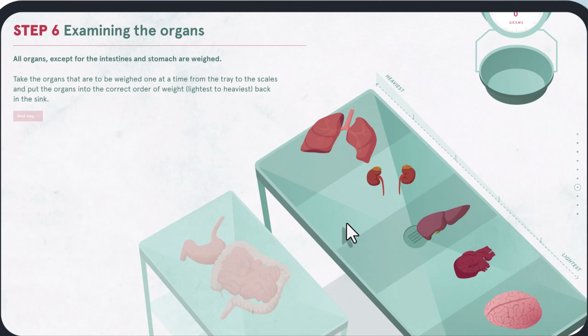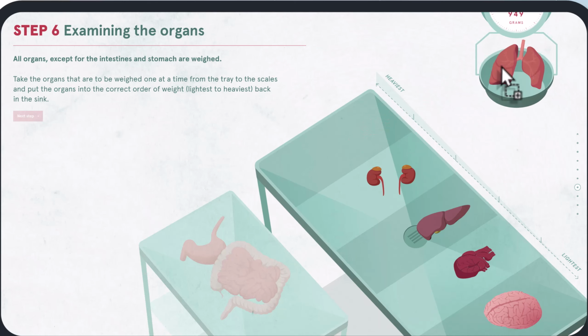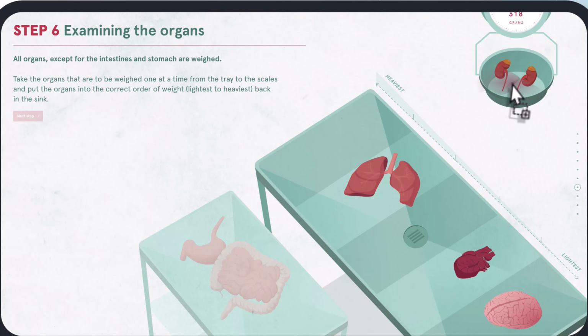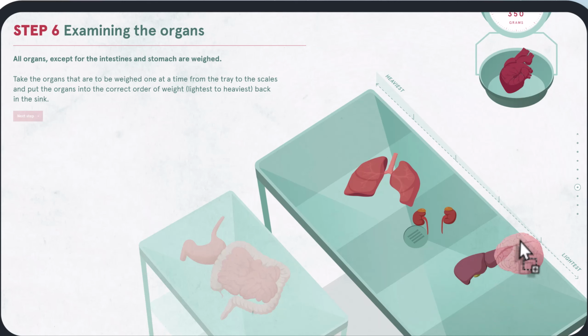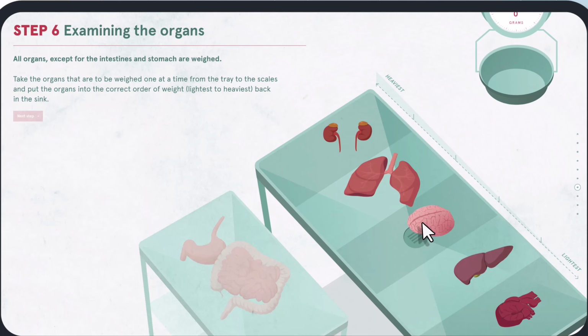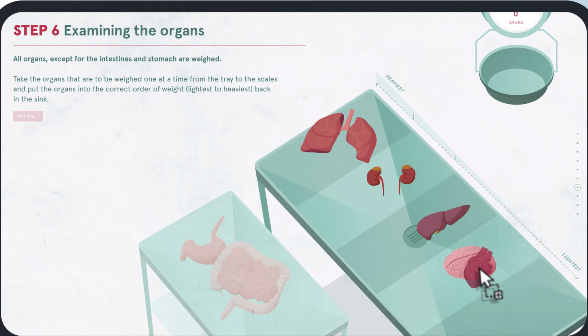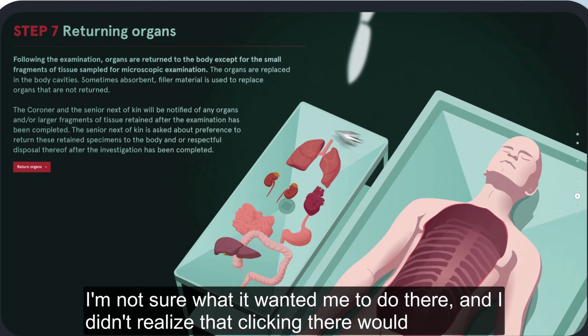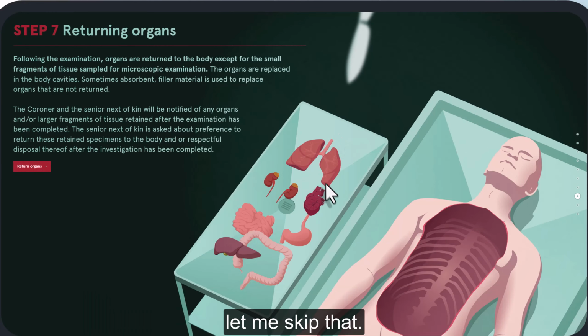Okay. Yeah, I'm not sure what it wanted me to do there, and I didn't realize that clicking there would let me skip that.